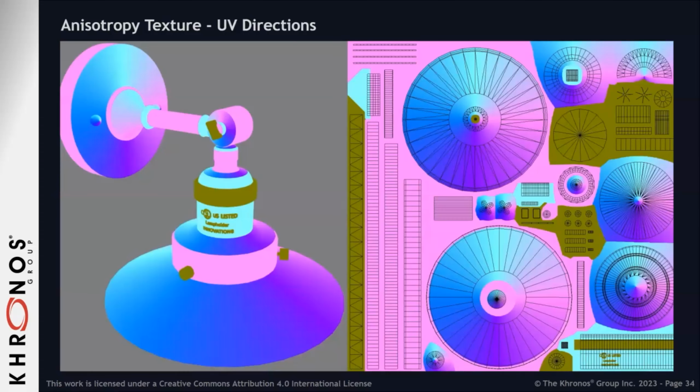So here it is applied to the model and the UVs that are corresponding to that. Some of the metal parts just don't use a radial brush pattern at all. All the cylindrical shapes on the model have linear grooves. So that's why we use solid colors. And you choose a color that's perpendicular to the brushed pattern as per the diagram that I previously showed. The UV orientation affects the anisotropy direction.